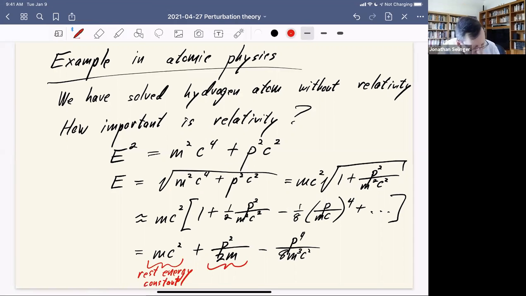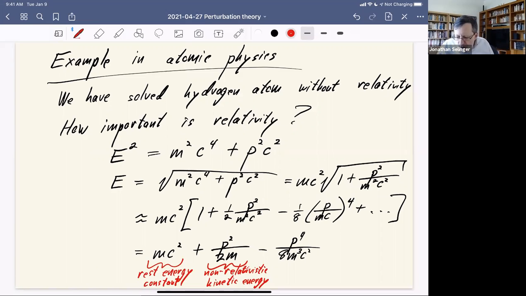This term is the non-relativistic kinetic energy. That is what we've been working with in our Hamiltonians all semester.